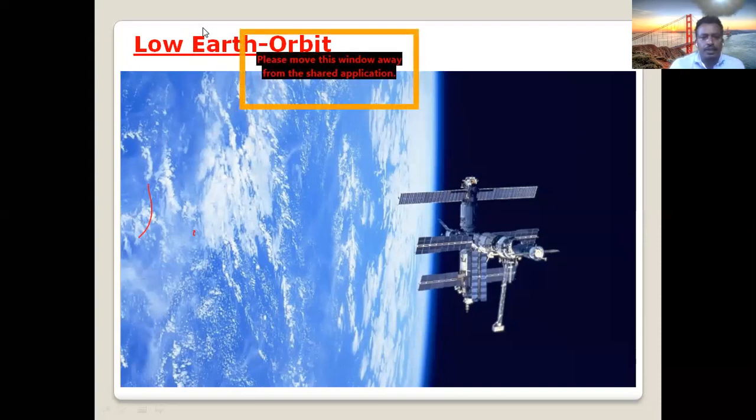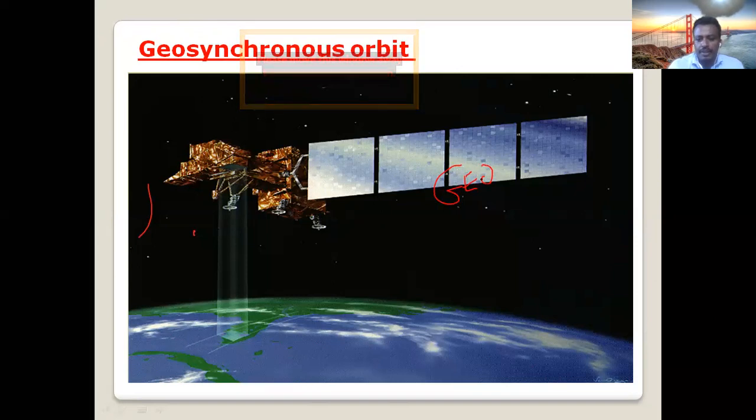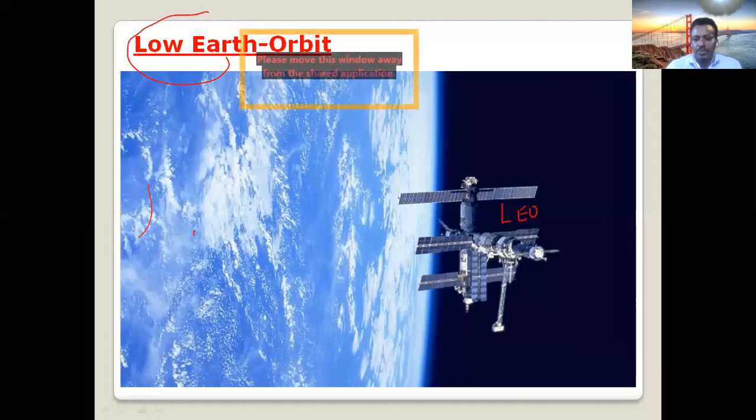So these low Earth orbit satellites, if you compare them with geosynchronous orbit, GEO satellites, this satellite is GEO, geosynchronous orbit. The first satellite here we see is LEO, low Earth orbit. What's the difference between these two orbits?